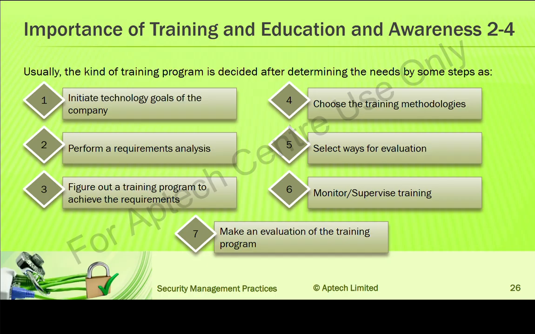Number four, choose the training methodologies and also select a way of work for evaluations. Number six is to monitor or supervise training also. And number seven is to make an evaluation of the training program. So those are the seven importances of training, education and awareness.